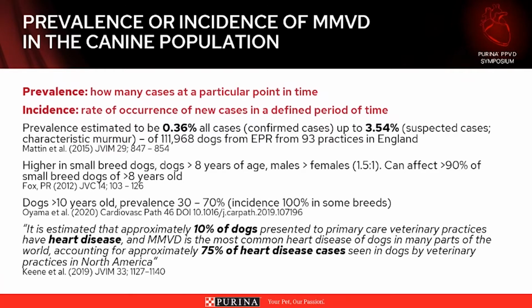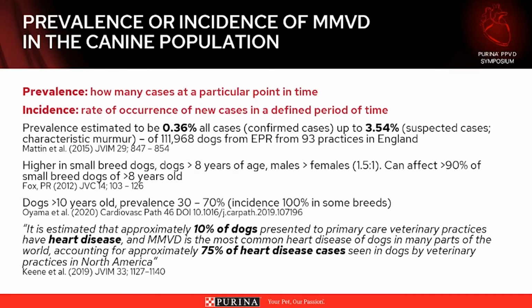And there's a very good survey among electronic patient records from nearly 112,000 dogs that has been presented, saying that in a population of all consultations, the prevalence was estimated at about 0.36% of all cases.